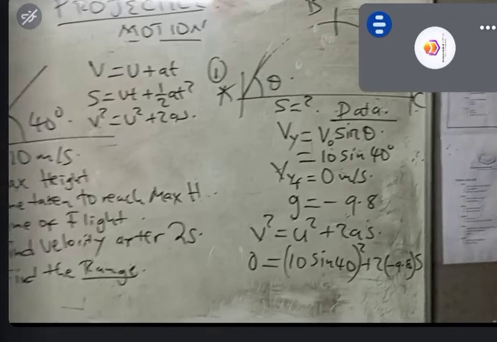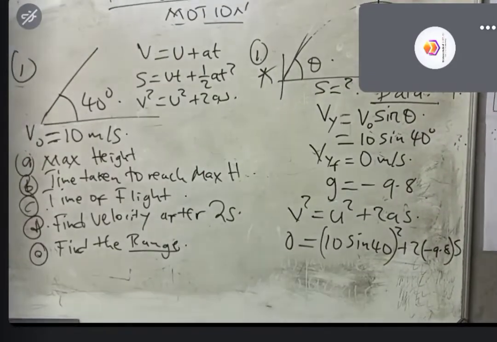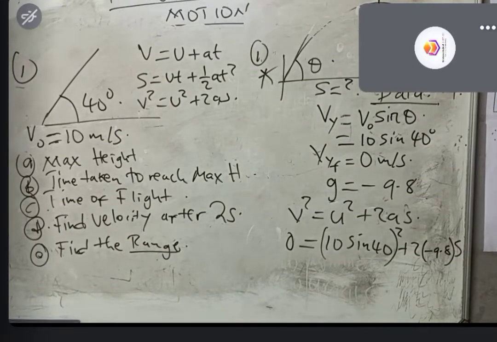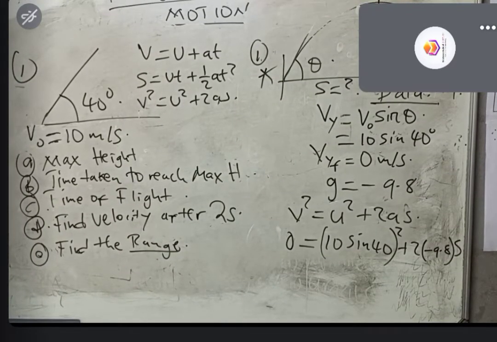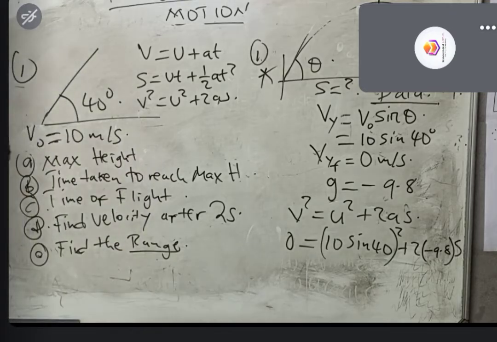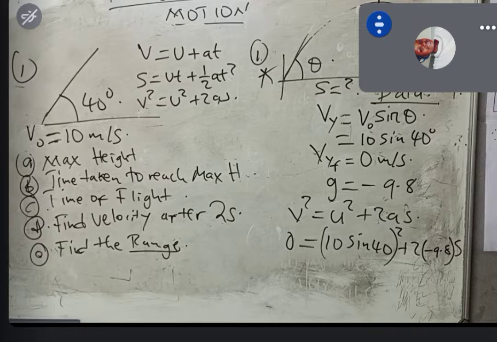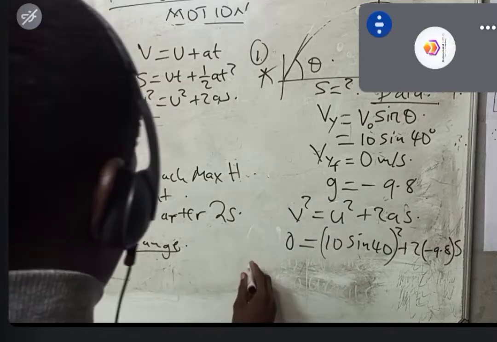You're saying it's what? Sorry, I wasn't getting you. You've squared it already? But there's a square here. So if it crosses to the other side, it will be negative what?